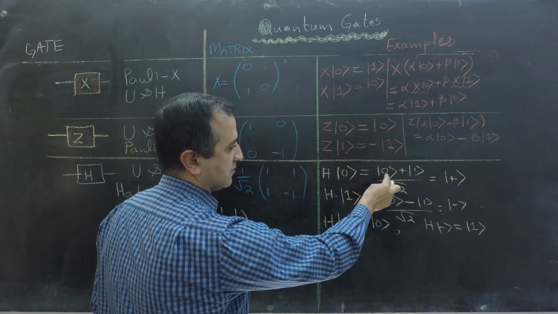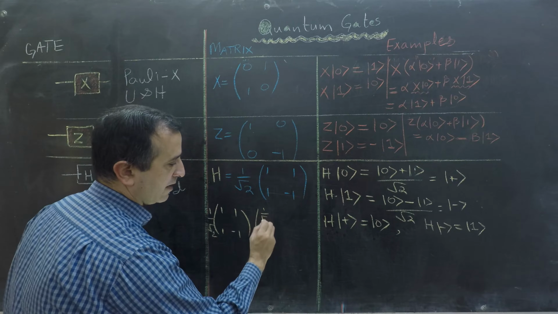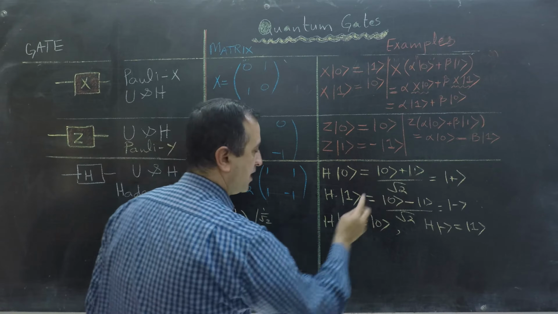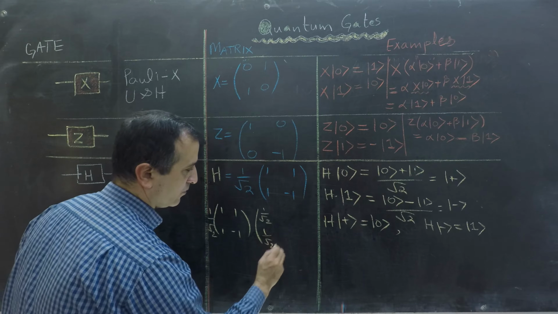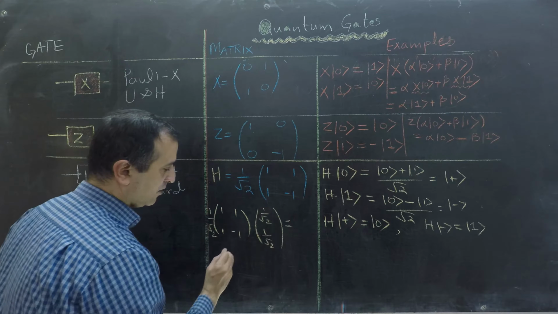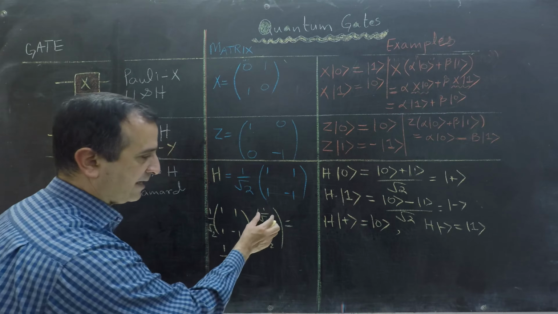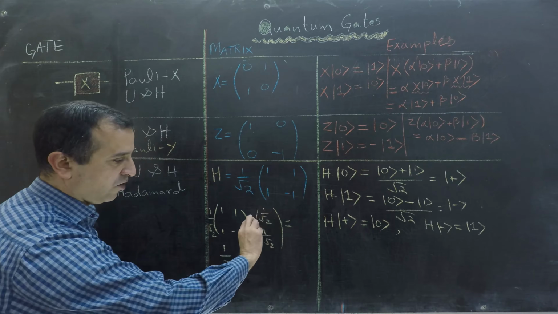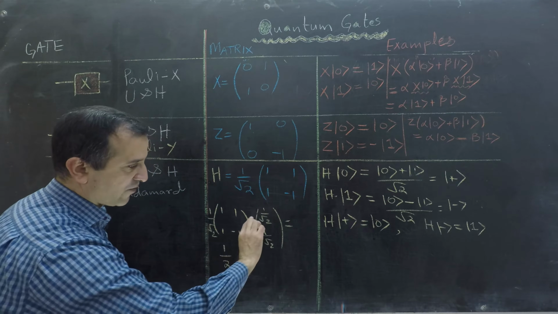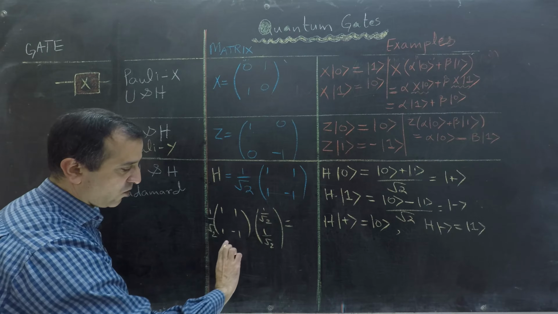At the 0th location, we have 1 over square root of 2, and at the first location, we also have 1 over square root of 2. If we multiply our rows and columns, we're going to get 1 over 2 outside, because I can take this 1 over square root of 2 common, so this 1 over square root of 2 and this 1 over square root of 2 multiply to become 1 over 2.